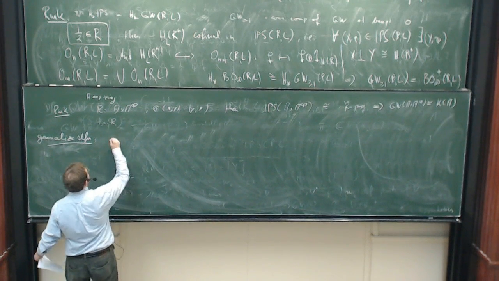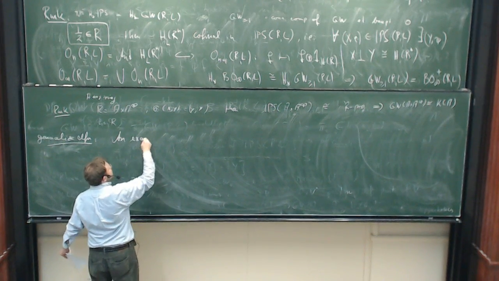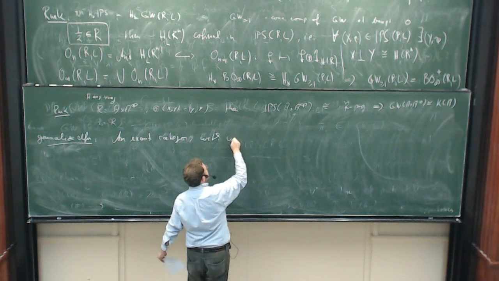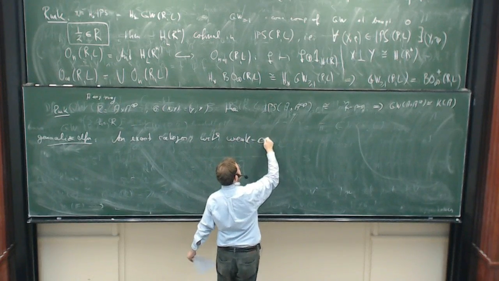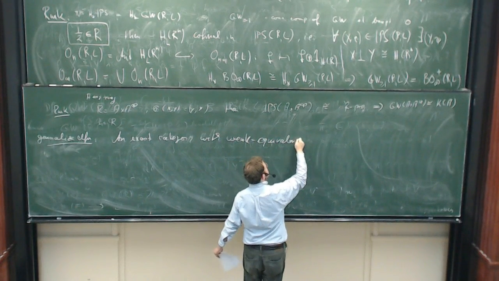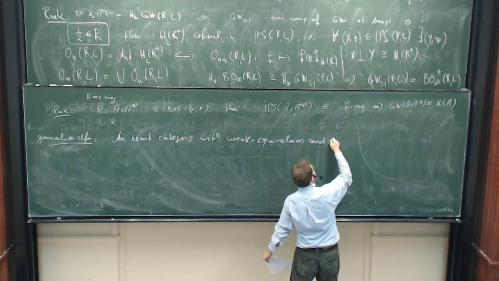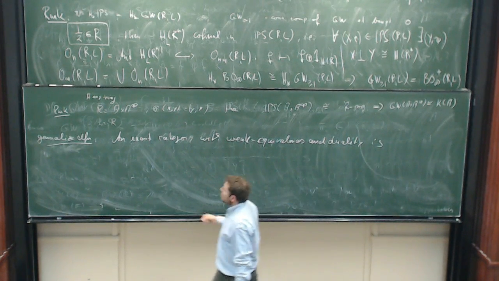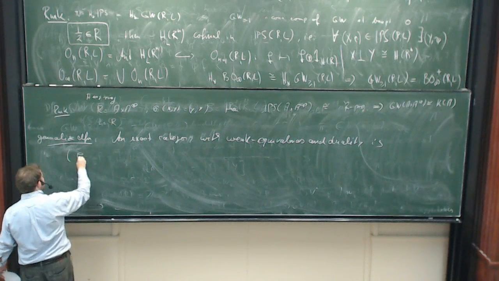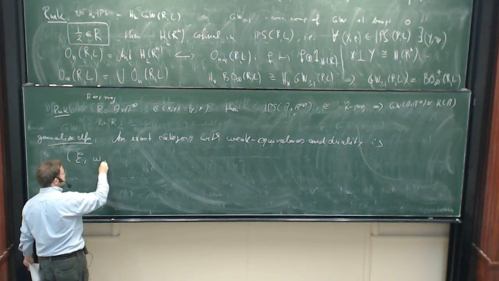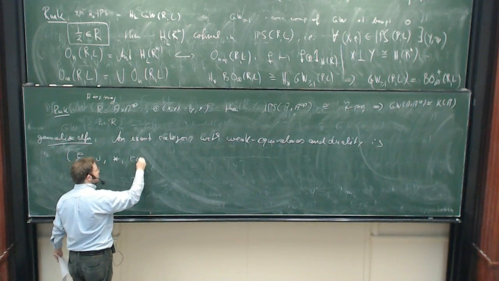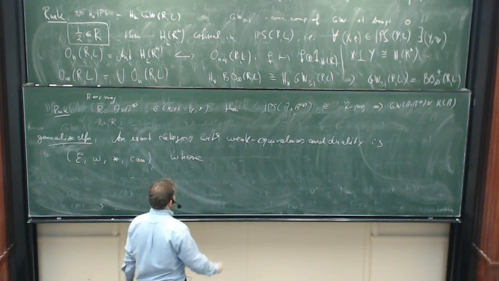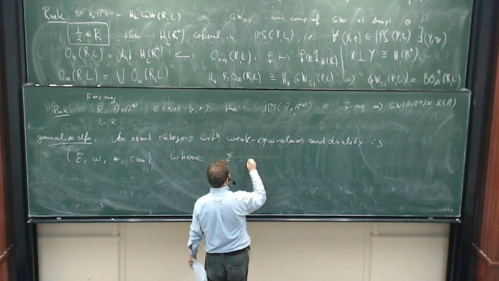An exact category with weak equivalences and duality is a quadruple E, W, star, and some map, where E is an exact category.